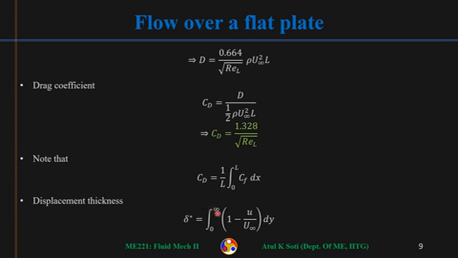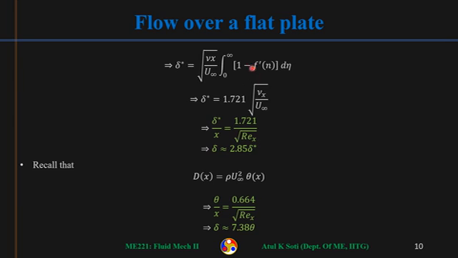Displacement thickness delta star was integral of 1 minus u by u infinity from 0 to infinity. So delta star will be integral of 1 minus u by u infinity, and u by u infinity was f prime eta, and then dy is equal to this thing times d eta, right?